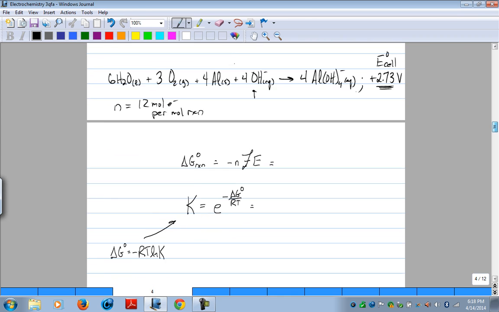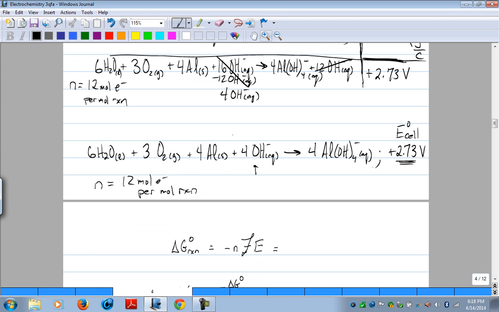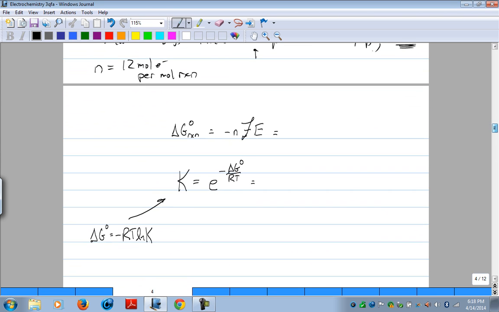So let's get the standard Gibbs free energy change for this reaction as written. It's just going to be -N times the Faraday times E cell standard.